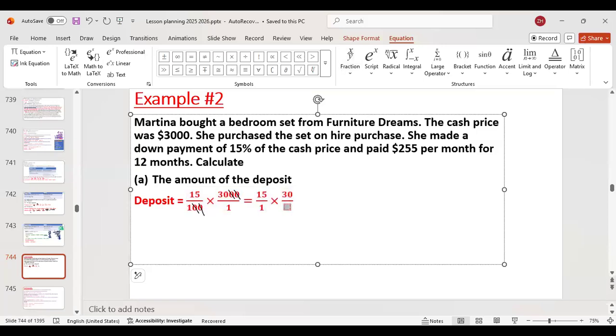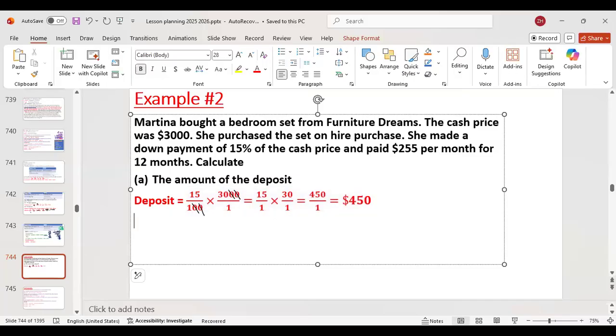What is 15 times 30? 450. That's what I got too. So 450 over 1 gives us 450. That's the amount of the deposit.